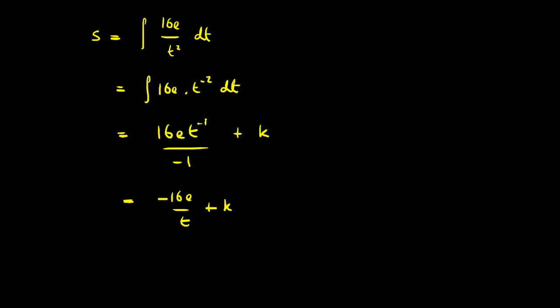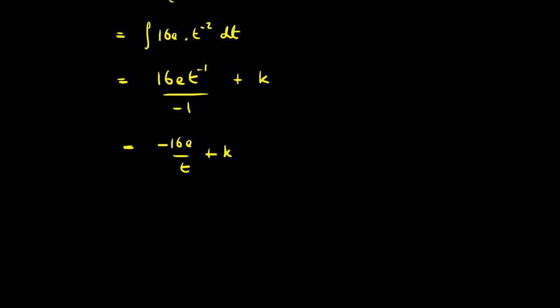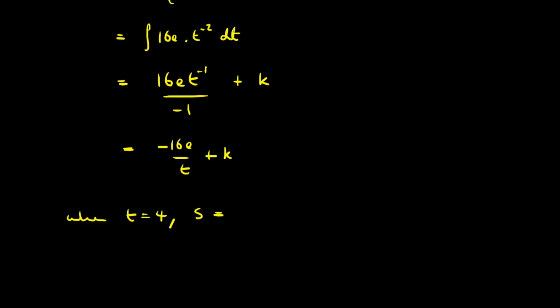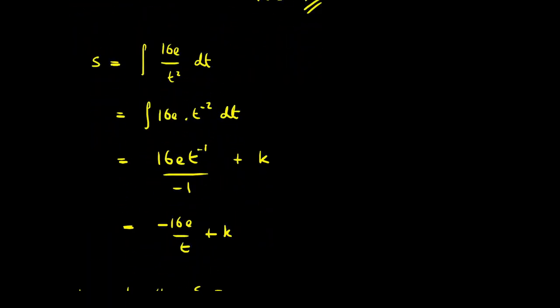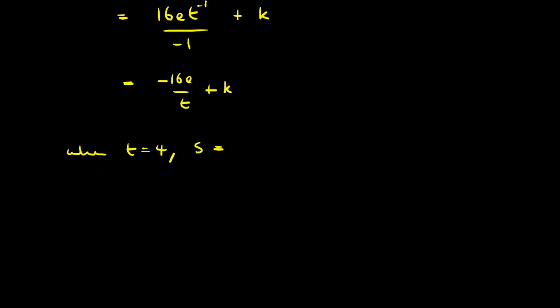And we can use another condition, can't we? We can use the condition that when t is equal to 4, our displacement was equal to, we go back up, 4 bracket e minus 1. Let's substitute that into here.